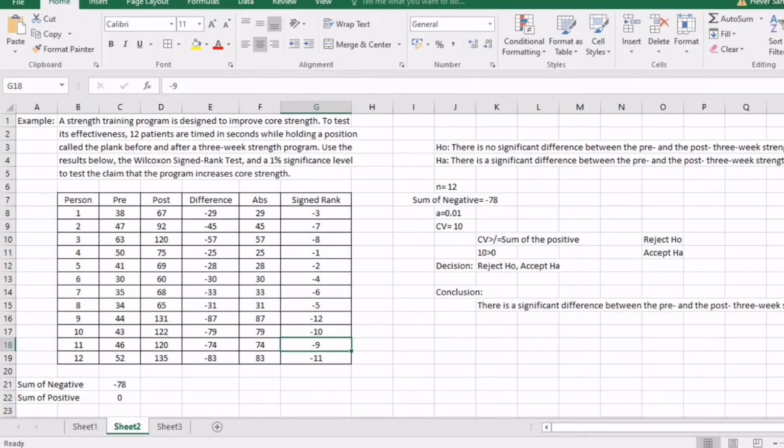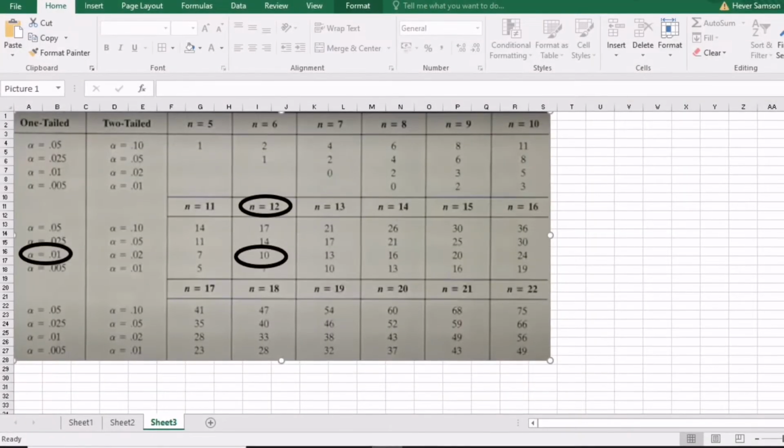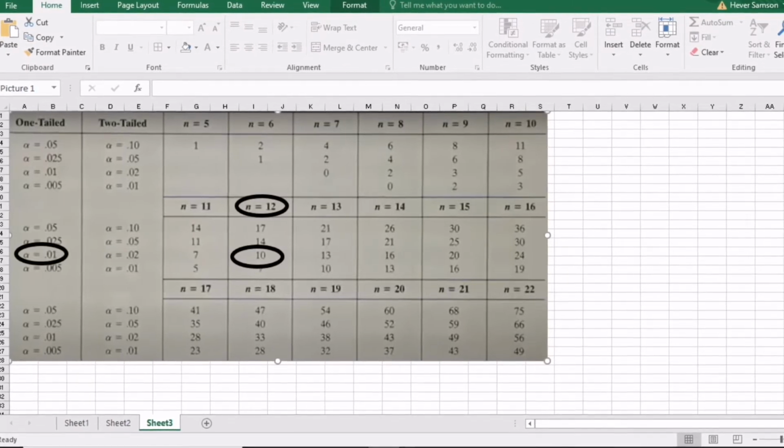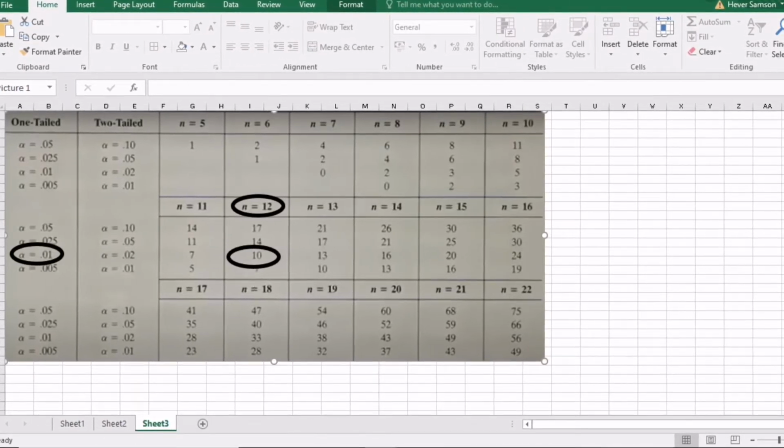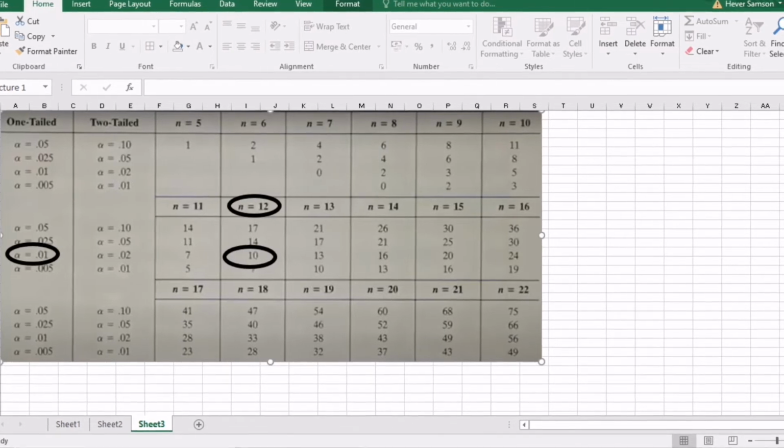So we have 12 and 0.01, the significance level. We can see here the 12, and I'll put a circle here.